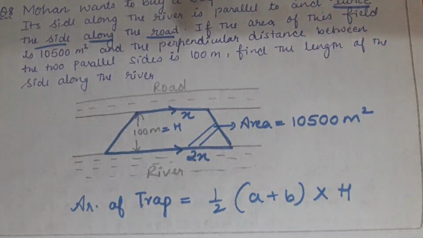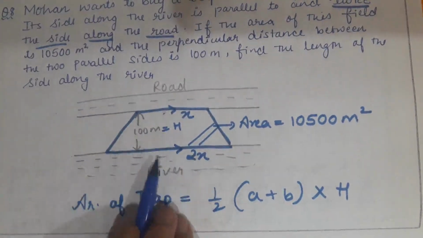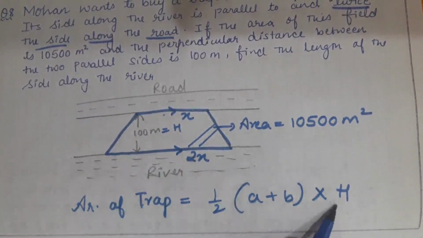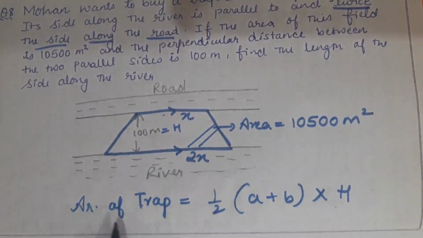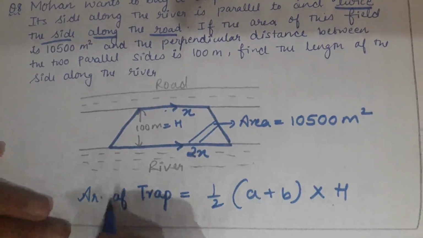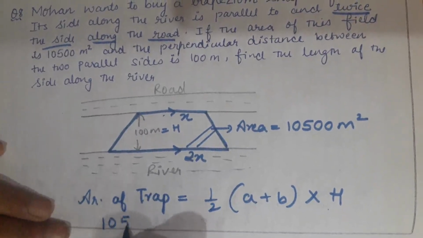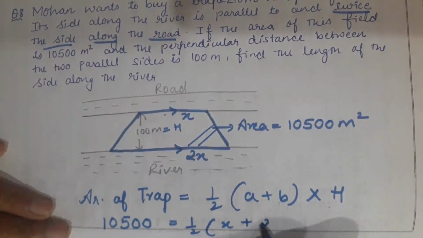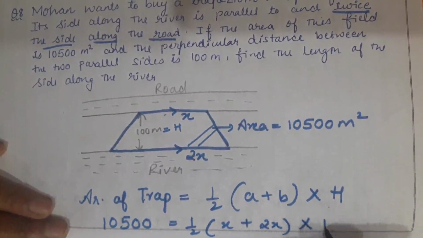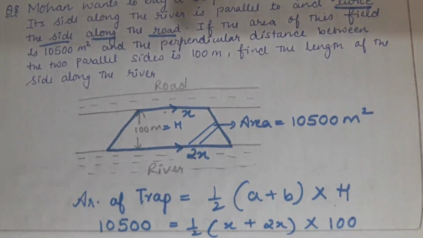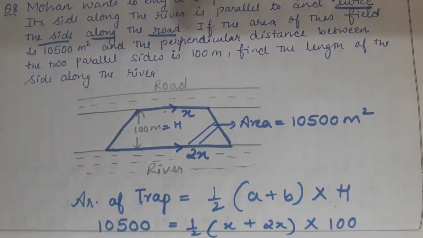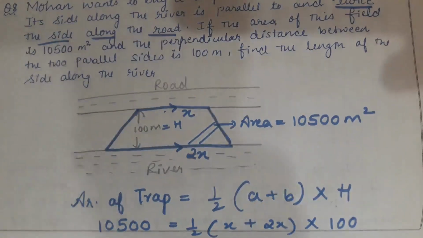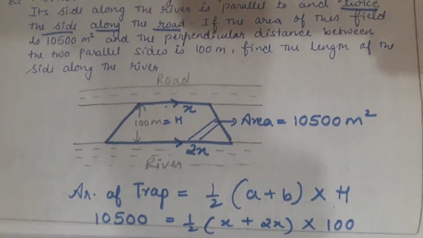Here a is the first parallel side, b is the other parallel side, and h is the height. The area is given to you, so let's put the values: 10,500 equals half, a is x, b is 2x, and height is 100 meter. When we solve this equation, we find the x value. Then with the help of x, we find the second parallel side, that is 2x.